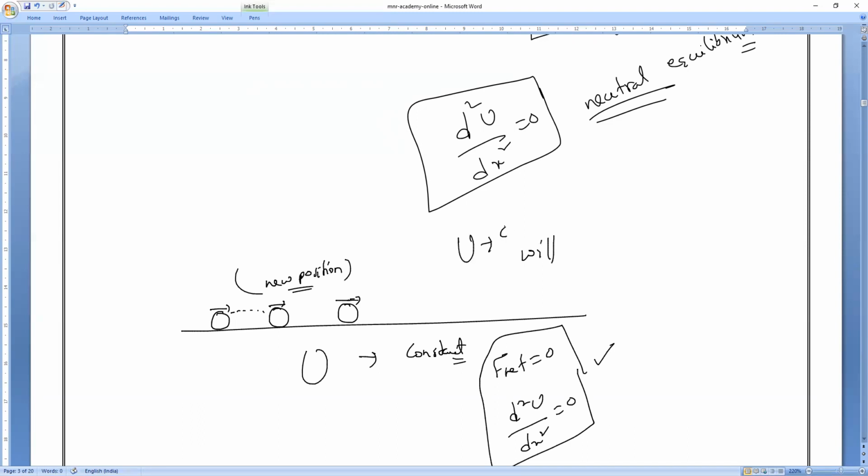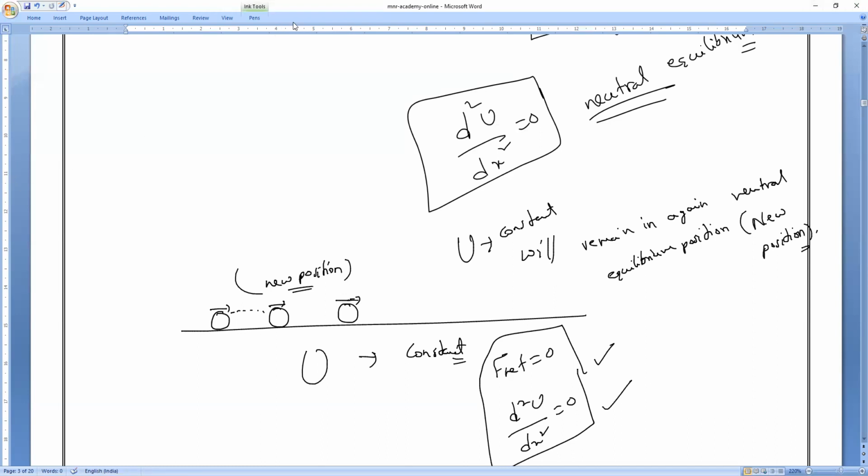U remains constant, and it will remain again in a neutral equilibrium position, but in the same place or a new place? In a new position. That is what you have to remember. So that is about the 3 types of equilibriums.